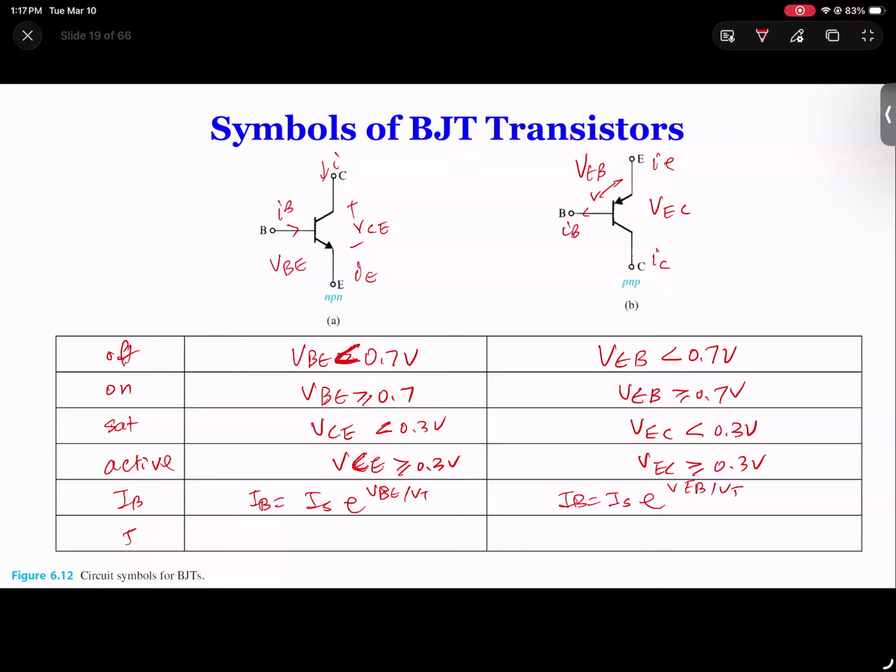And finally, we have IC. So we have IC equal to beta times IB. Same thing here, beta times IB. And probably the final one, we're going to say IE. So IE equal to IB plus IC. And here, same thing, IE equal to IB plus IC.